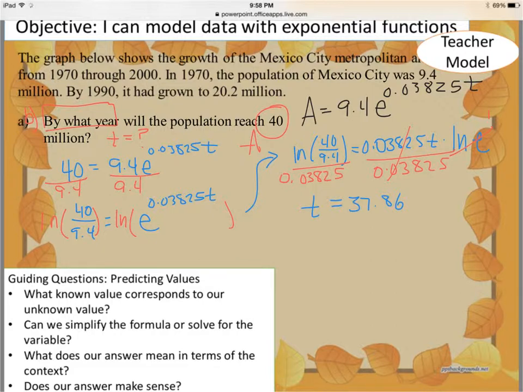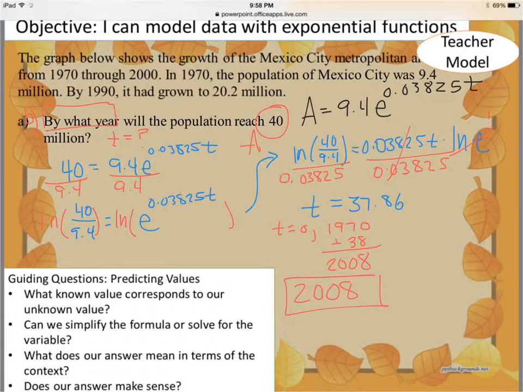So just recall that our t0 was 1970. So we're going to be adding basically 38 years, I'm rounding up to the nearest year, onto that 1970 in order to find out what year we're actually talking about. So that would be 2008 is our final answer. So 2008.